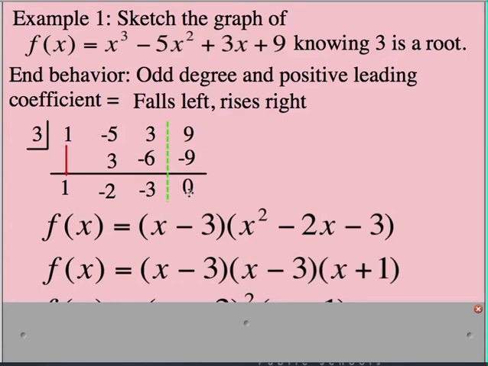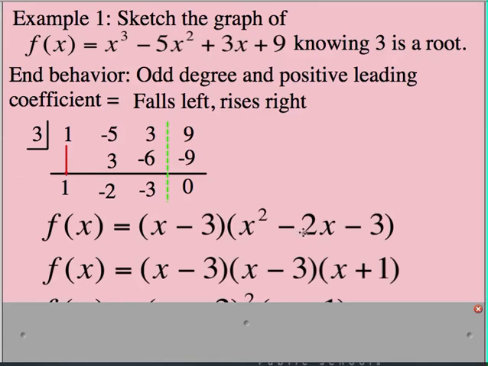If a number is truly an x-intercept, your remainder should always be 0. If I tell you it's a root and you don't get a remainder of 0, then you might want to double check the math in your synthetic division. Now that I've done the synthetic division, 3 is a root, so x minus 3 is a factor, and my quotient is the other factor. This is my x squared, because remember it drops down a degree.